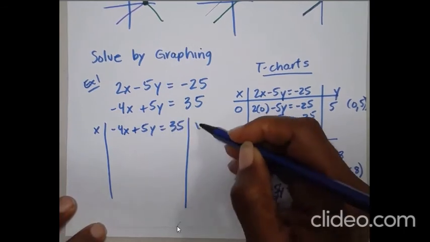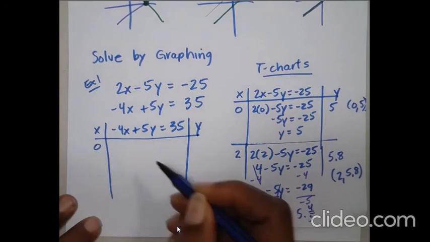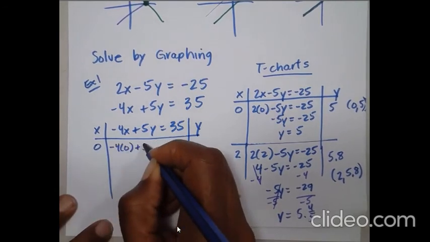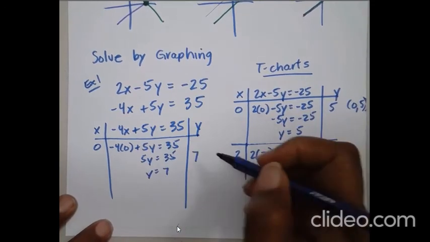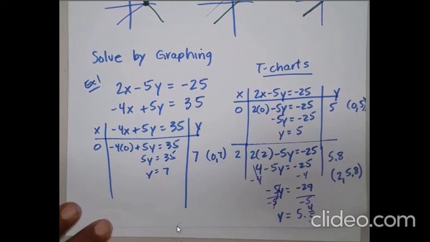Then we have a y over here. Again, let's pick 0. Negative 4 times 0 plus 5y is 35. 5y equals 35, so y equals 7. So our point here, (0, 7), is the first point to go with this graph.